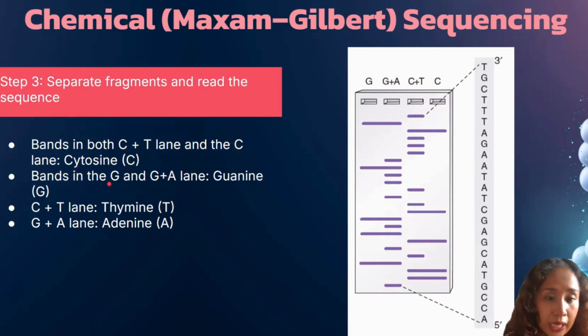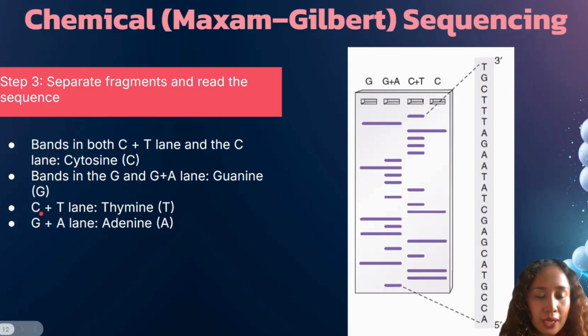Bands in the G and G plus A lane are guanine. Of course, since it's found in both lanes, it's G and not A.